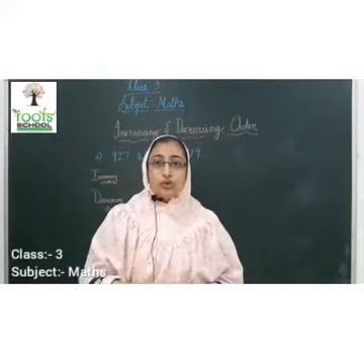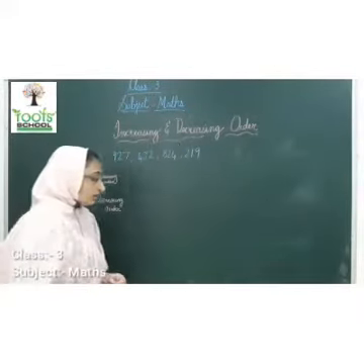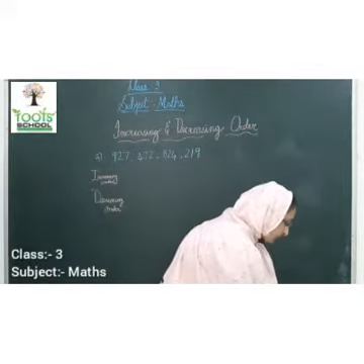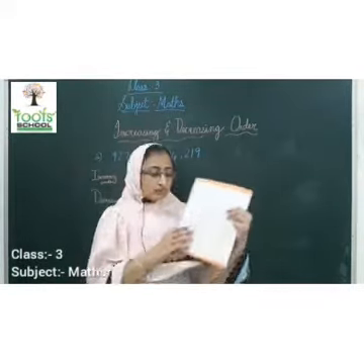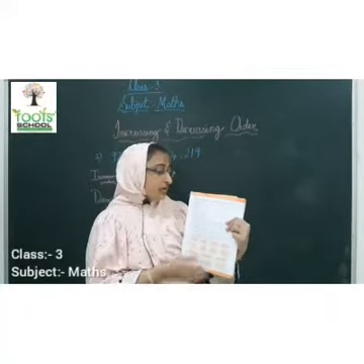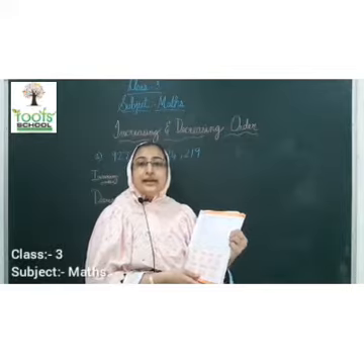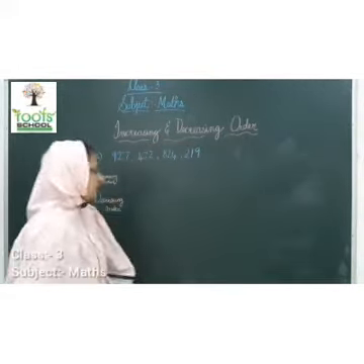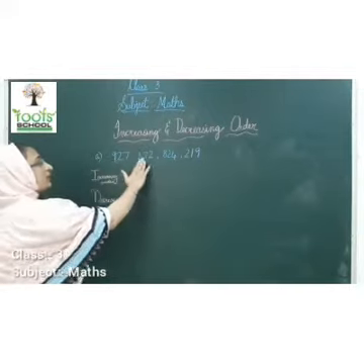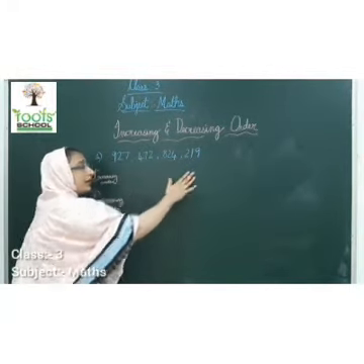Okay, so today we are going to do an activity in our maths observation book, page number 7, question number 7. Arrange the following numbers in increasing and decreasing order. Now we see the first: 927, 472, 824, 219.